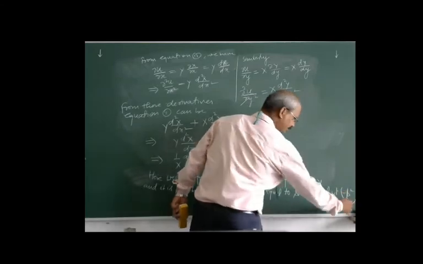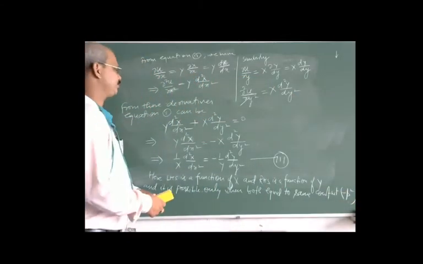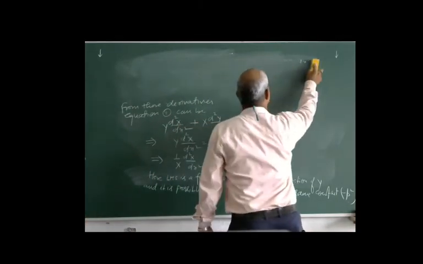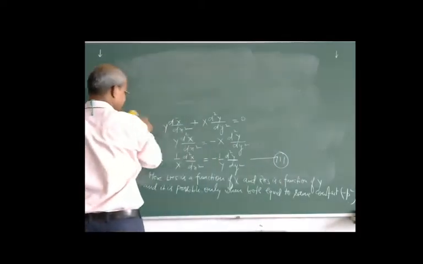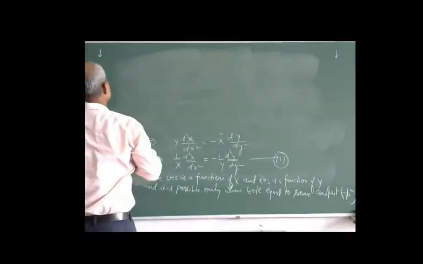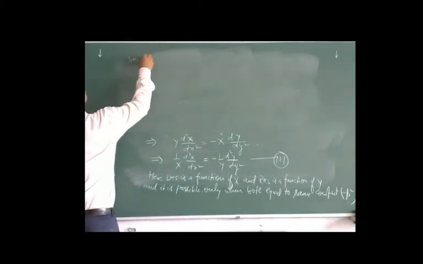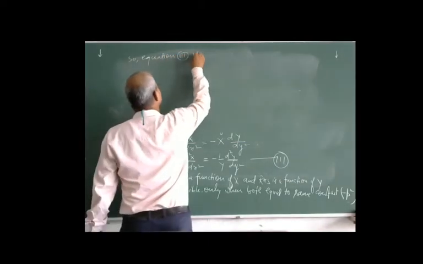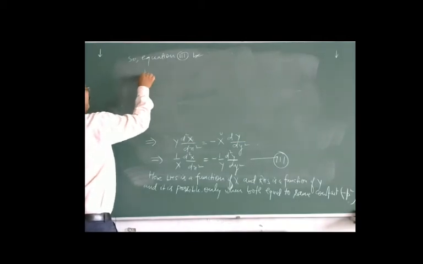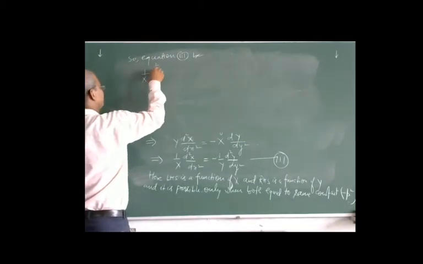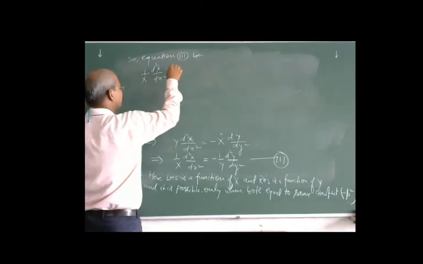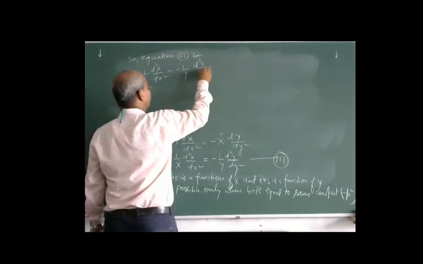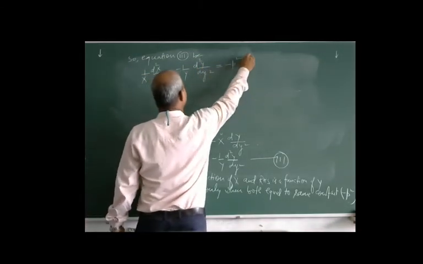Let us take this as minus p squared. So now equation 3 becomes 1 upon X d2X upon dx squared is equal to minus 1 by Y d2Y upon dy squared is equal to minus p squared.